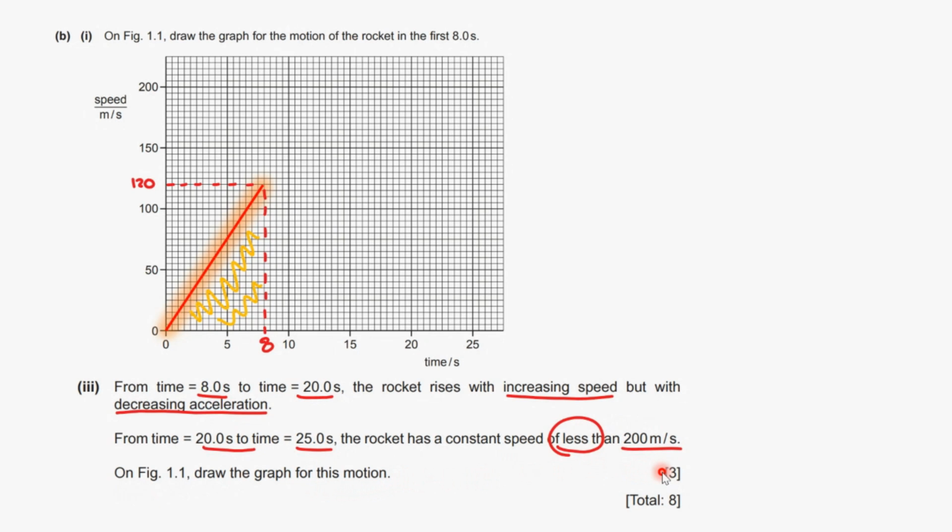Before answering the question, I have to go through a quick revision here, showing the relation between the speed on the y-axis and the time on the x-axis. There is a straight line starting from the origin and showing the value of the speed increasing constantly with the time taken, and this represents a constant acceleration.